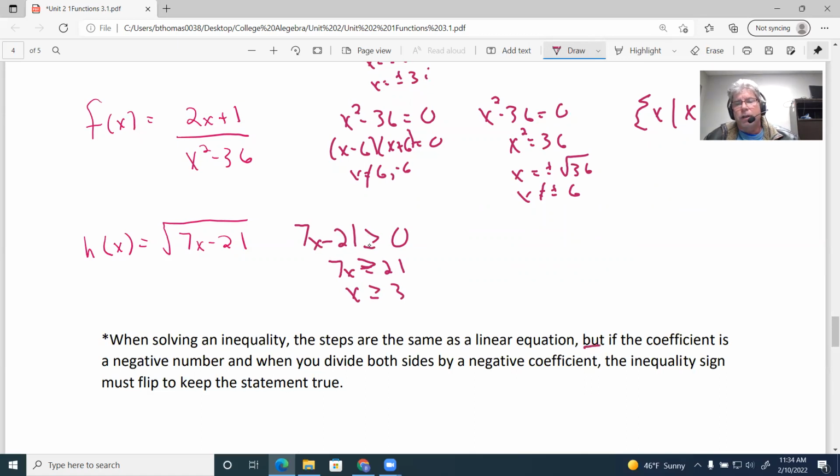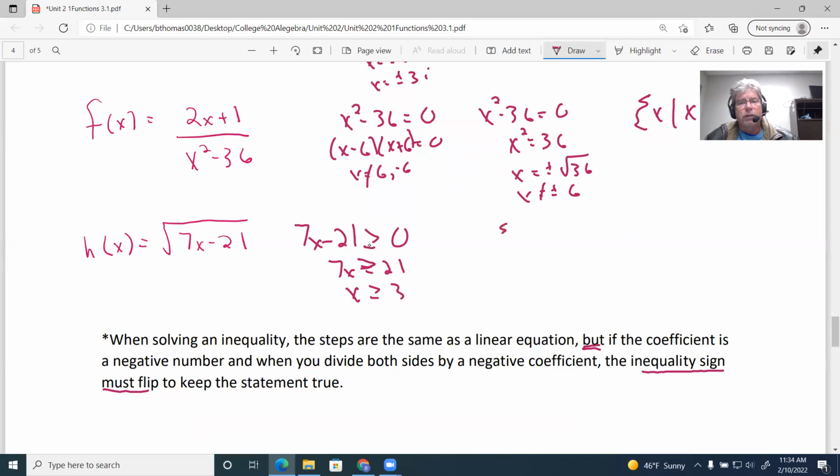But there's a catch here. If the coefficient is negative, when you divide both sides by negative, that inequality symbol must flip to keep the statement true. But notice how our coefficient was positive, so we didn't have to change the inequality symbol. But if that was a negative 7 and we divided both sides by negative 7, that inequality symbol would have flipped. So luckily we didn't have to deal with that.